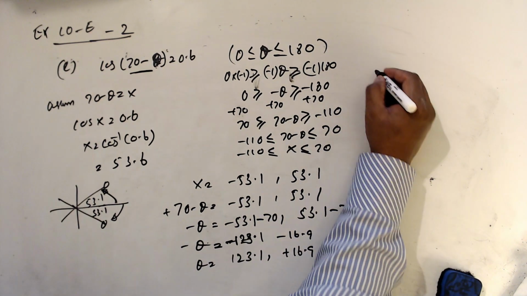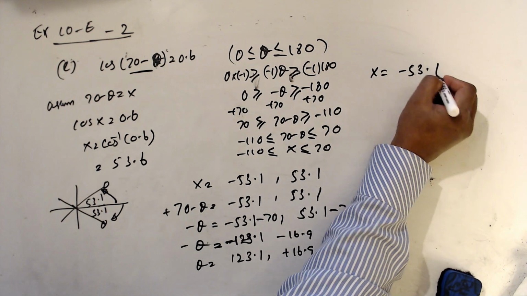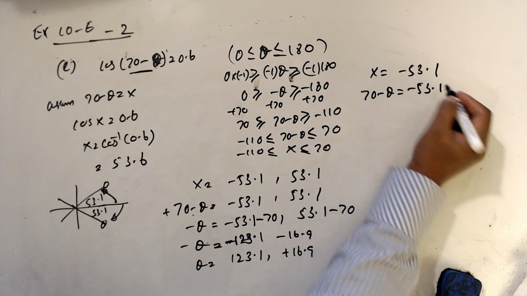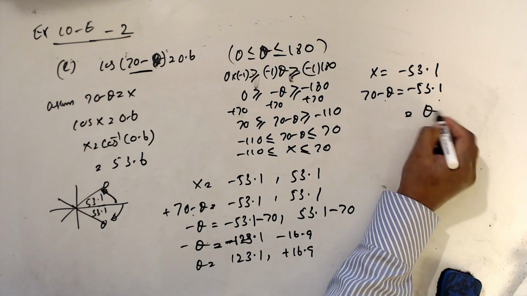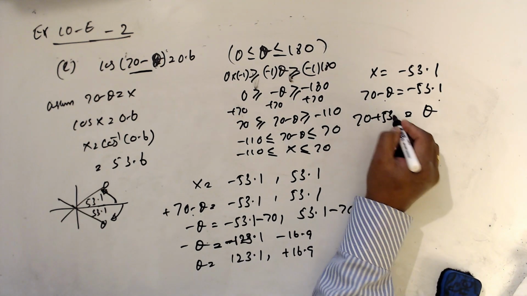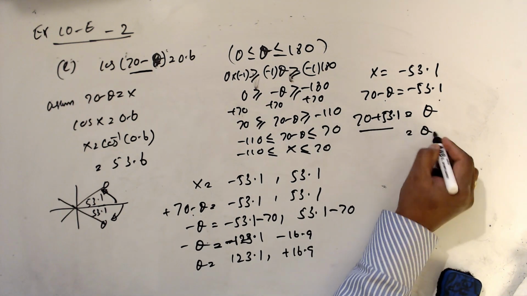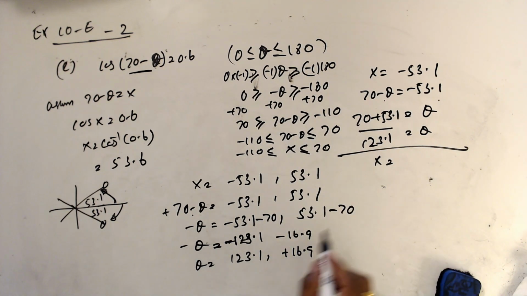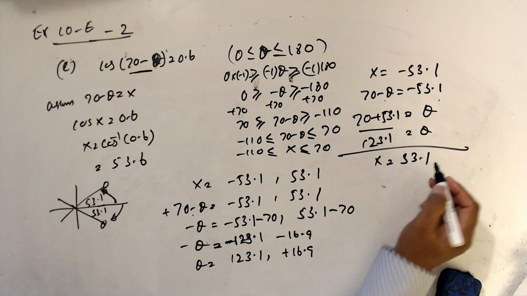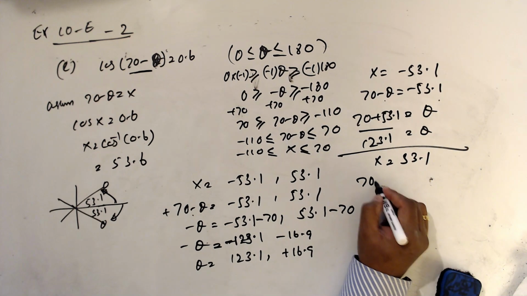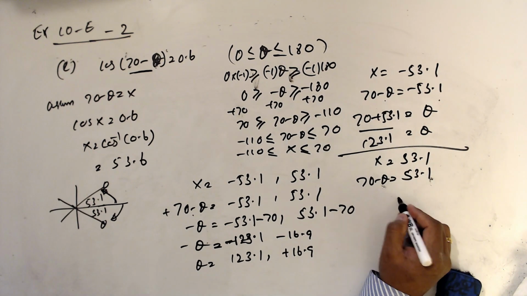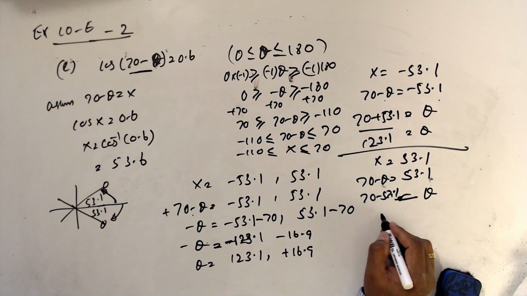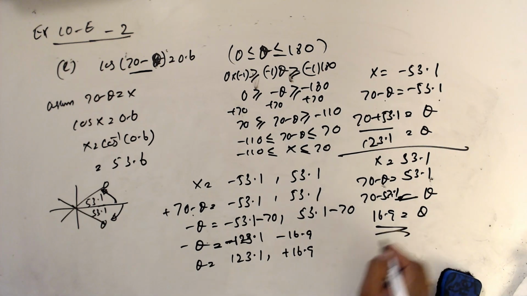If you feel this is confusing, take x equals minus 53.1, meaning 70 minus theta equals minus 53.1. Take theta to the other side: theta equals 70 plus 53.1, which makes theta equal 123.1. And the other one, x equals 53.1: 70 minus theta equals 53.1, so theta equals 70 minus 53.1, which is 16.9. So we can work like that.